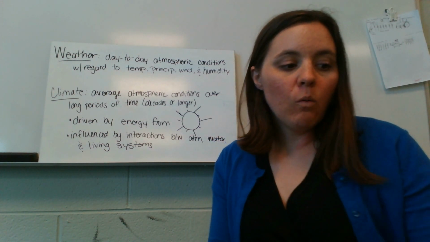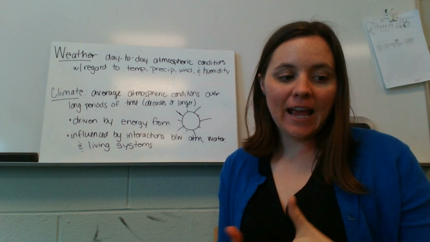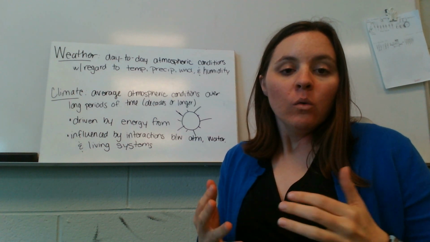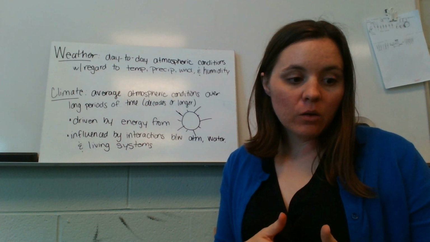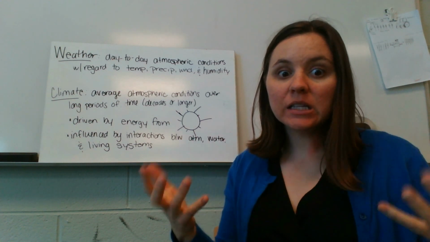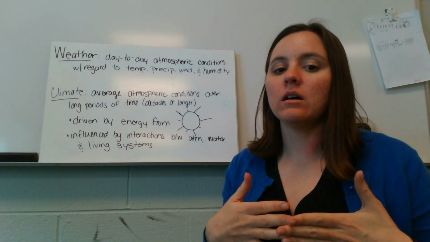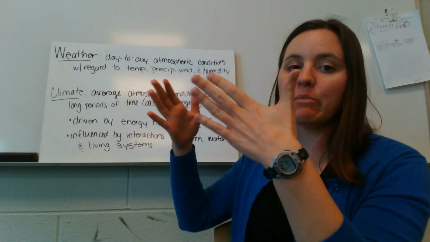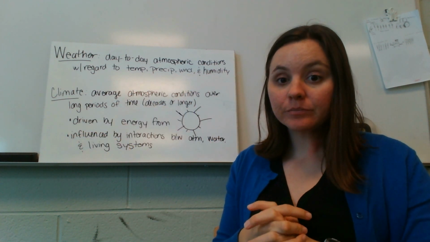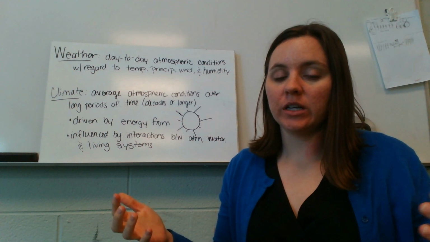So weather is the day-to-day atmospheric conditions that we see with regards to temperature, precipitation, wind, and humidity. So basically this is like what is happening outside right now. And then climate is the average atmospheric conditions.